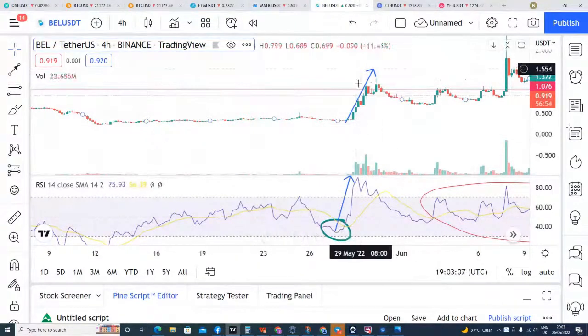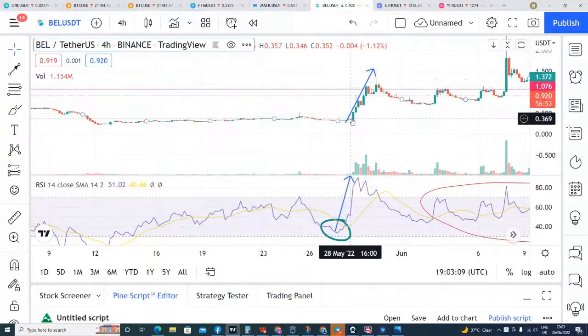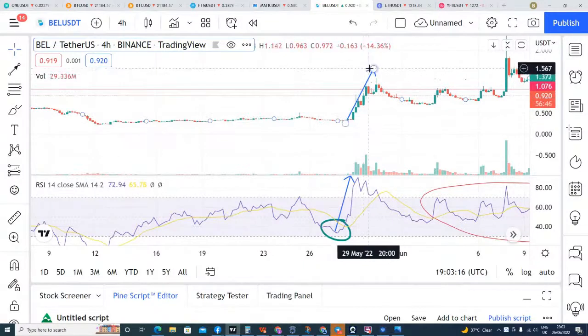Then you bought this coin here at 0.3. The next day, you wake up and you see the price go up to 1.5. You will be happy because you have made money, and what helped you make that money is that you used an indicator called RSI.